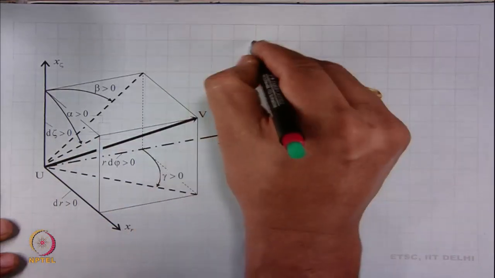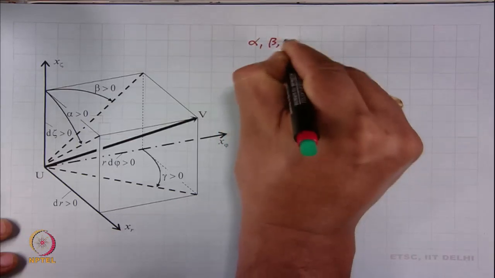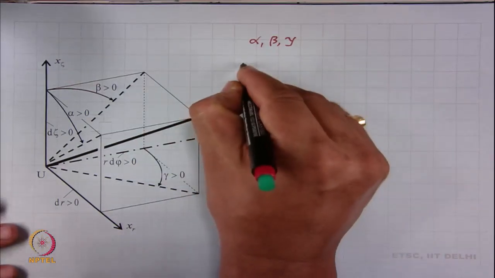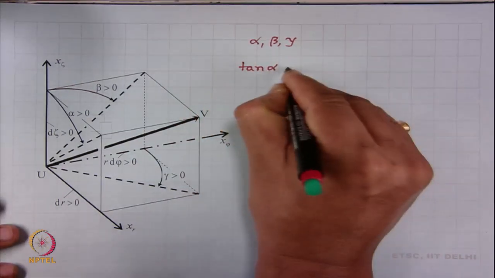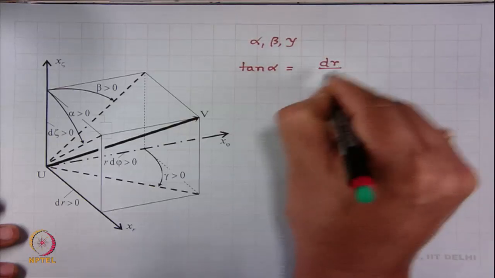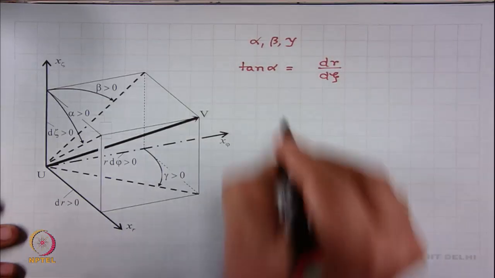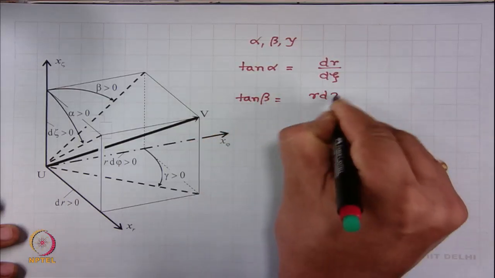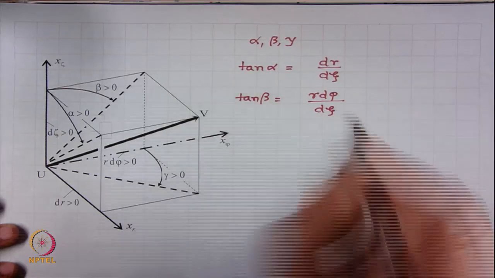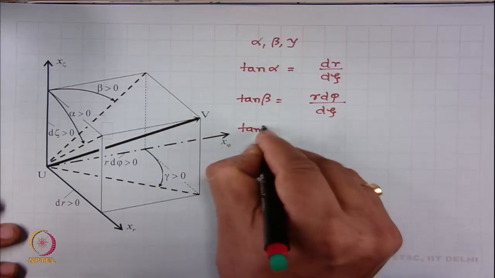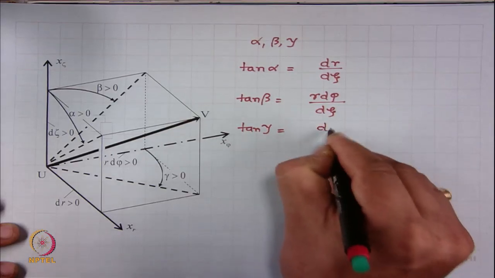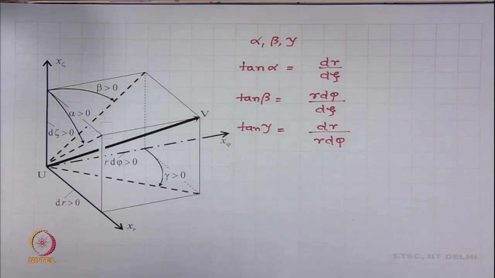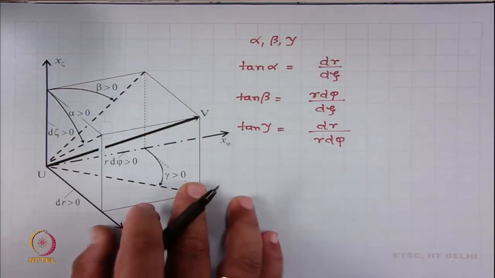These three angles are very important when these projections are considered. If we apply trigonometric relations, then tan alpha will be dr by d zeta, tan beta will be r d phi by d zeta and tan gamma will be dr by r d phi. So, these three relations can be obtained from this.